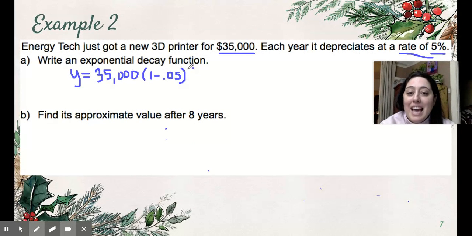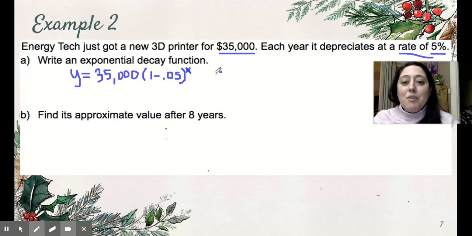And now the exponent, the amount of, I believe, years, goes right here. Okay. Right? Sometimes it's months. In most cases, it's years. All right. So again, the rate is 5%.